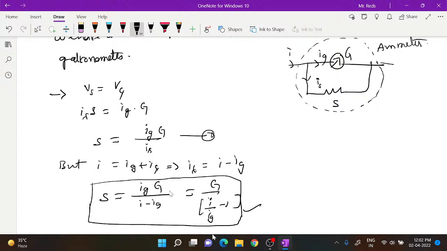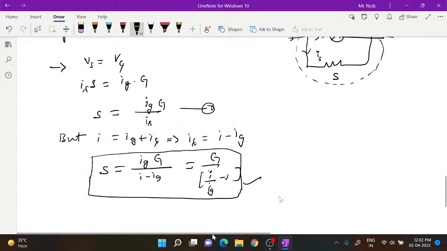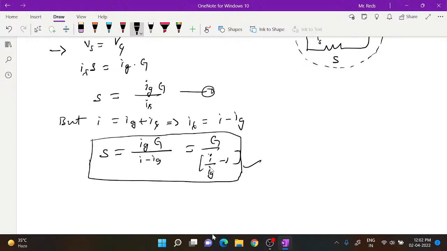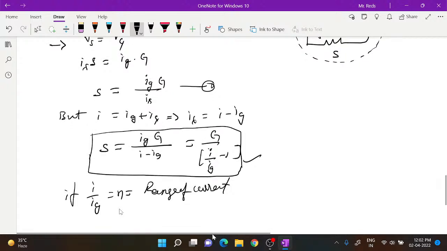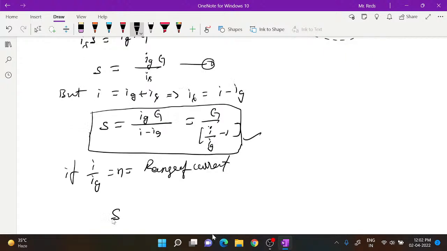If you are increasing the current by n times, the sensitivity should decrease by n times. Here I by Ig will be called the range of the current. If you consider I by Ig is equal to n, the range of current to be increased or decreased, then you can write S is equal to G by n minus 1.